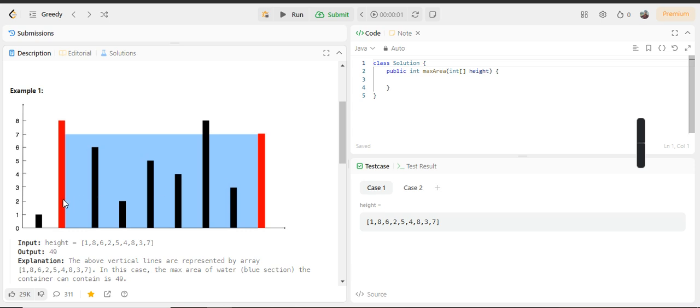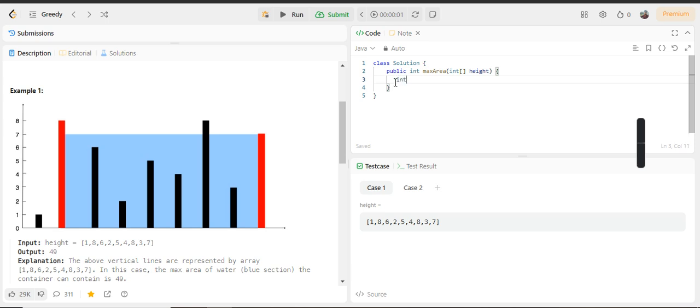Once we get the height, we get the area and store it. Then we move the pointer of the smaller height to the next position, find the area again, compare which one is the max, and store it accordingly. Okay, so let's do the coding. You will understand it more.